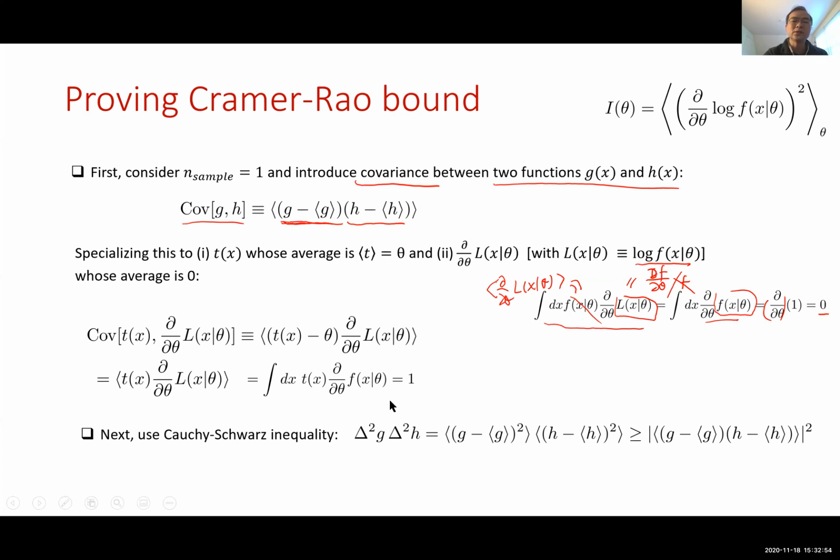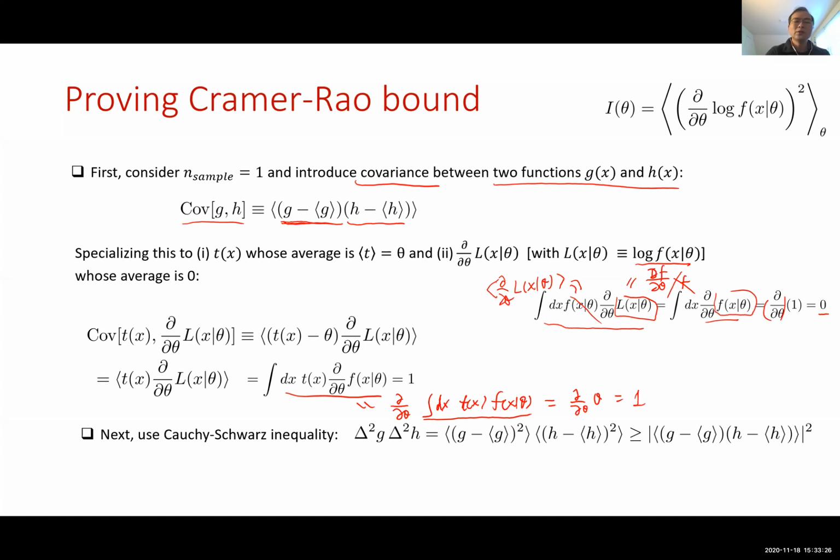Let me just do one more step. This is that, and in our assumption, this is theta, and that's 1. So we have derived that the covariance of these two functions is 1.